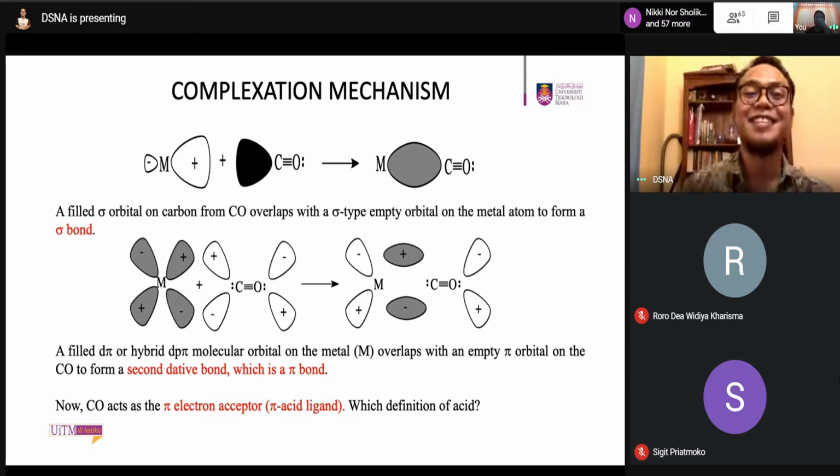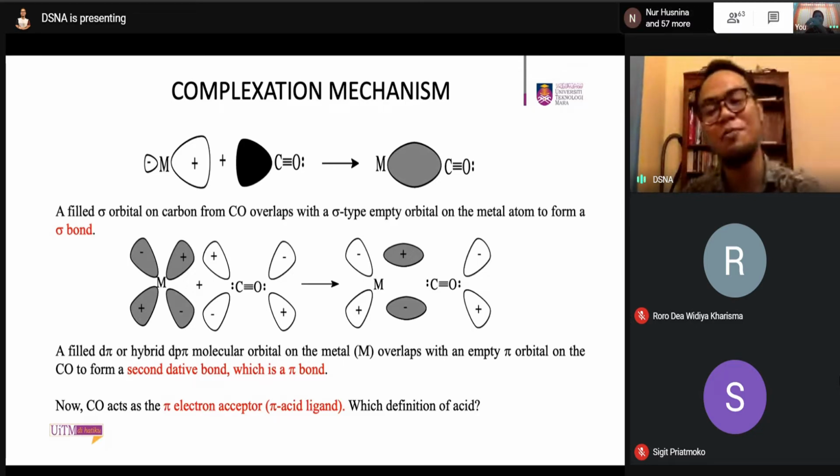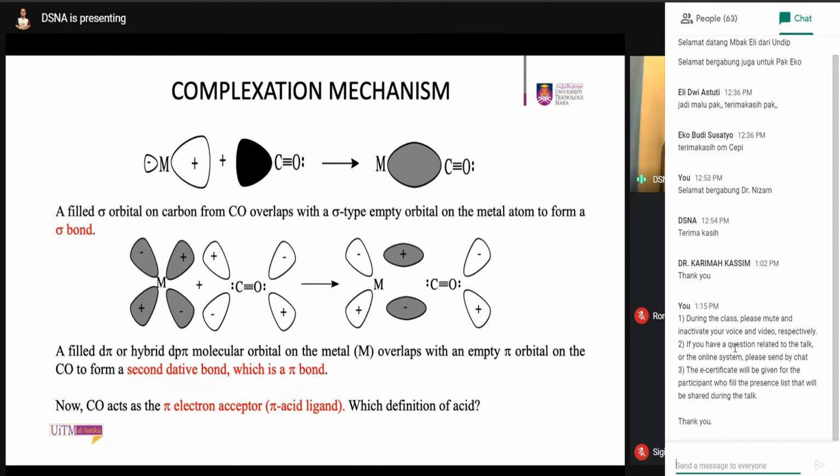Okay, composition mechanism. This is how our carbonyl complexes are formed. There are two steps needed in order for us to form one carbonyl complex. M represents the metal, and this is our carbon monoxide. The first step is the filled sigma orbital on the carbon. Actually, this is our HOMO just now.